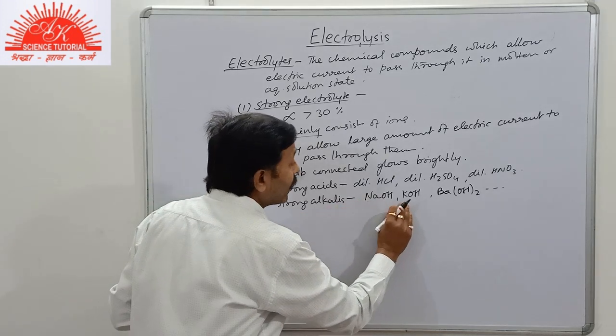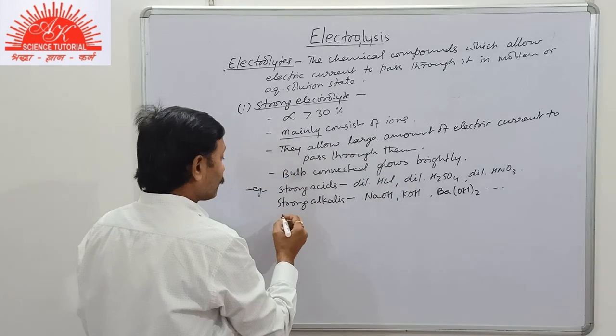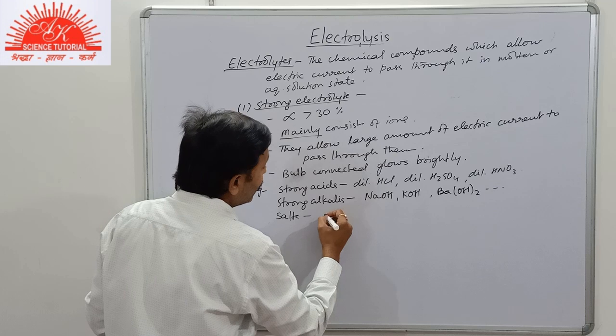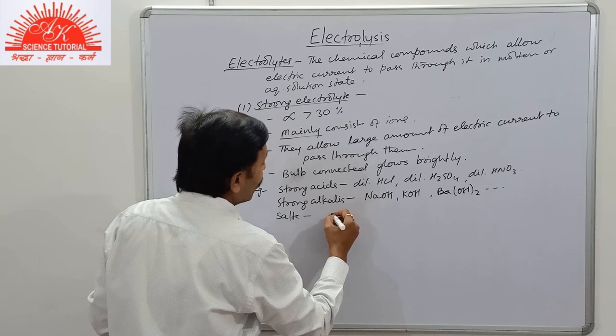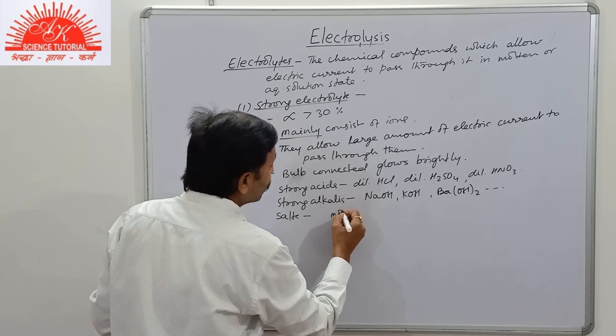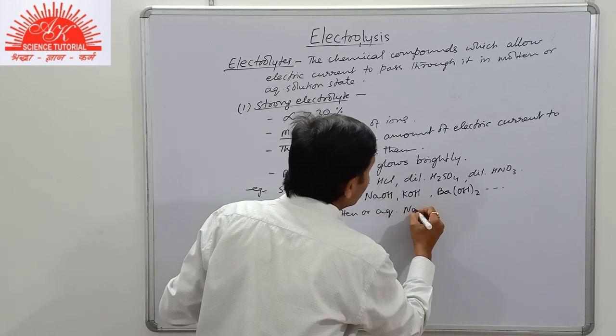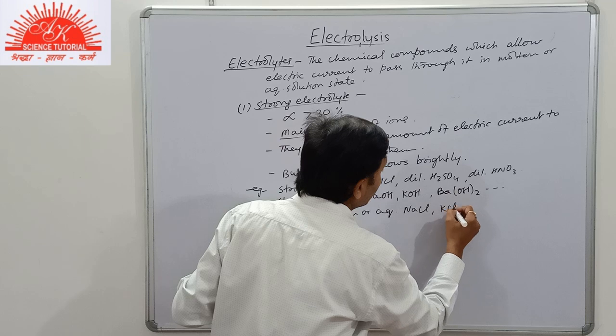Alkalis means those of alkali metals. And now the salts. Here we write molten or aqueous NaCl, KCl.